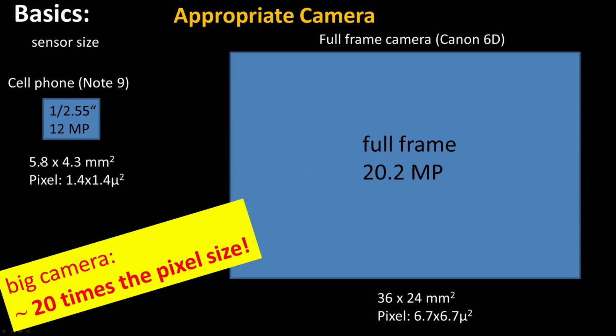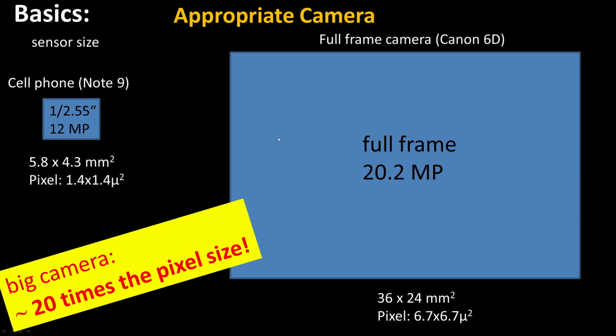A cell phone has a comparably very small sensor. In this case, my old Note 9 had a sensor of 5.8 millimeters by 4.3 millimeters, and the pixel size on that phone was 1.4 by 1.4 micrometers.